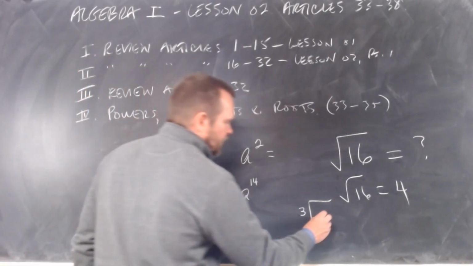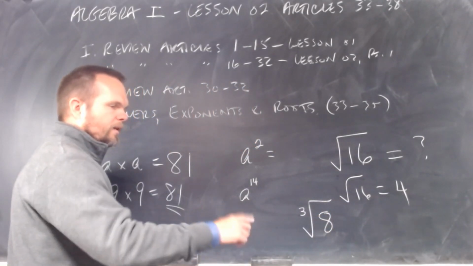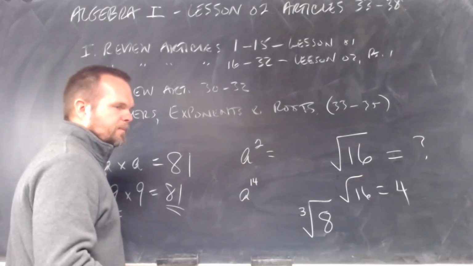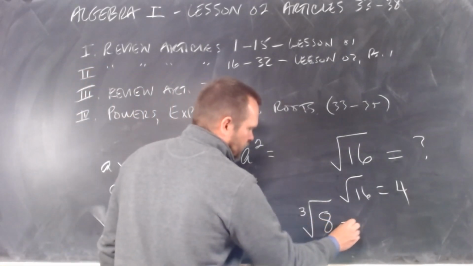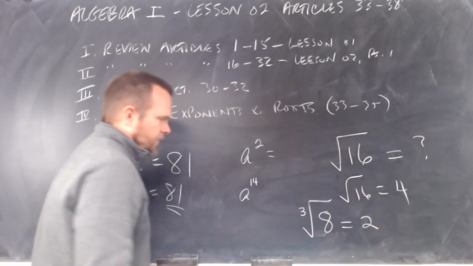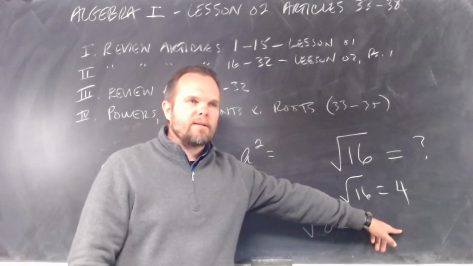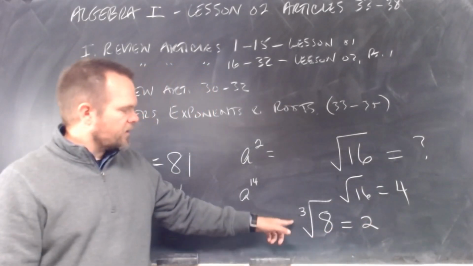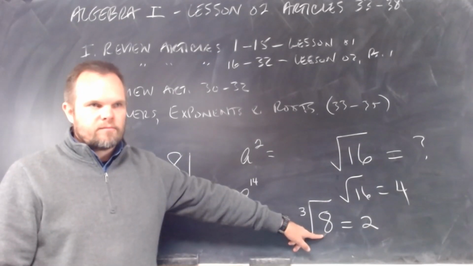So if I said, what is the cube root of 8? What I'm asking is, what number taken 3 times as a factor produces 8? And the answer is 2. 2 times 2 is 4, times 2 is 8. 2 is the cube root of 8.